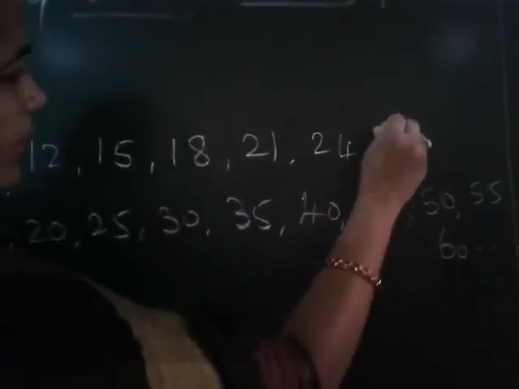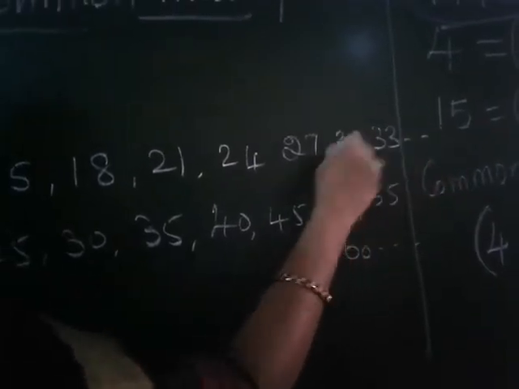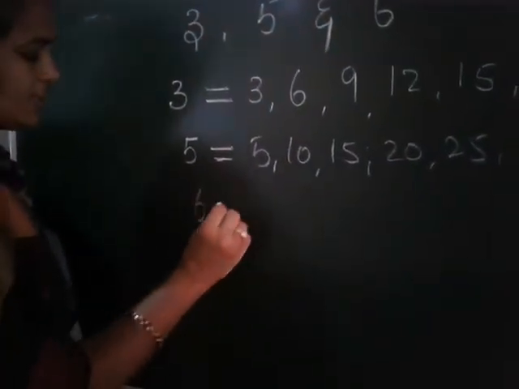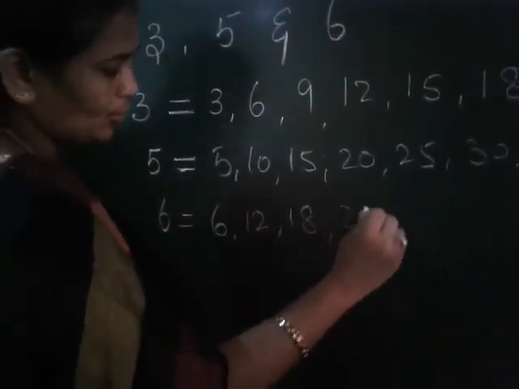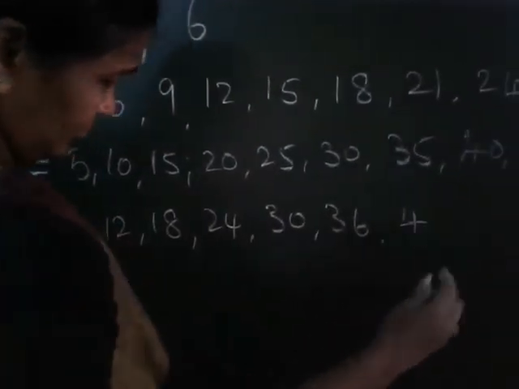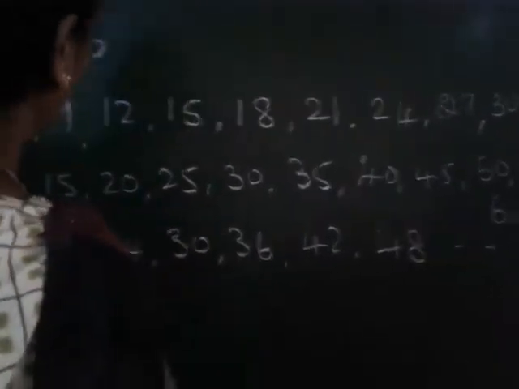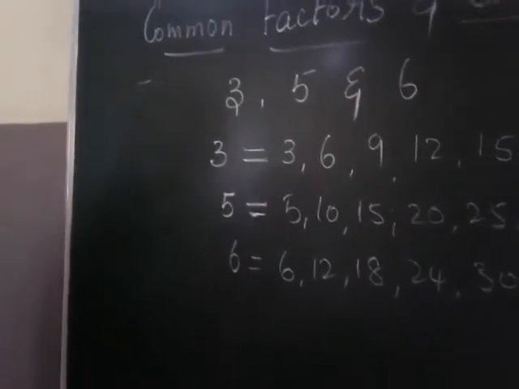Now come to write the multiples of 6. 6, 12, 18, 24, 30, 36, 42, 48, it is going on. Multiples have no end, they can go on.